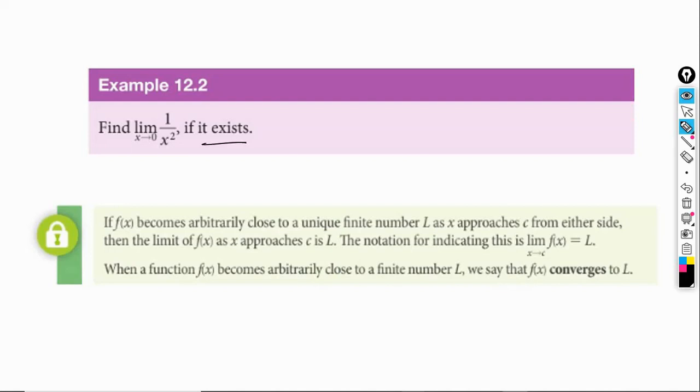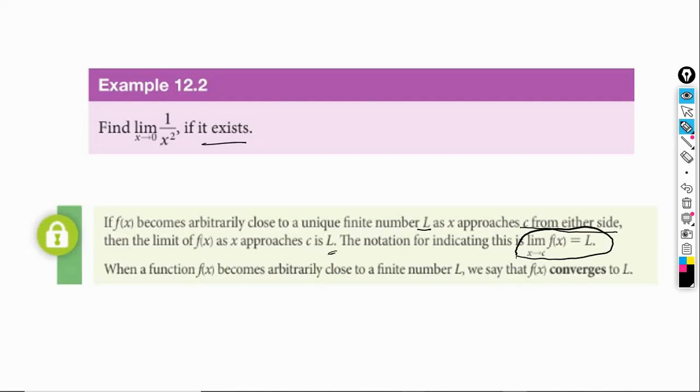So if f of x becomes arbitrarily close to a unique finite number L as x approaches c from either side, then the limit of f of x as x approaches c is L. The notation for indicating this is this. So this is basically a formal way of defining what we did in the previous examples.